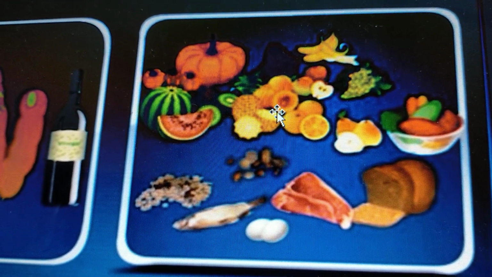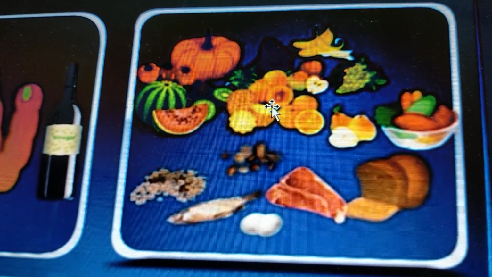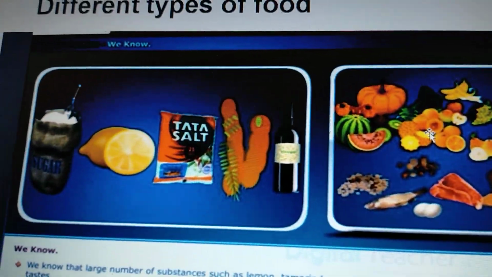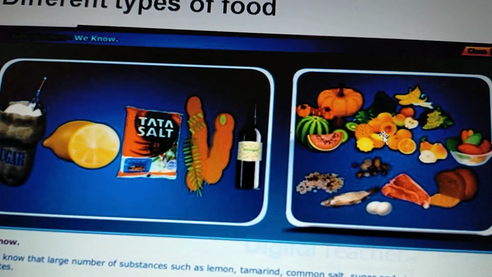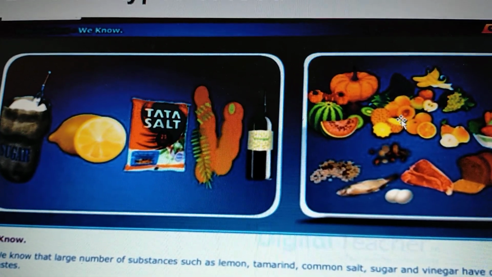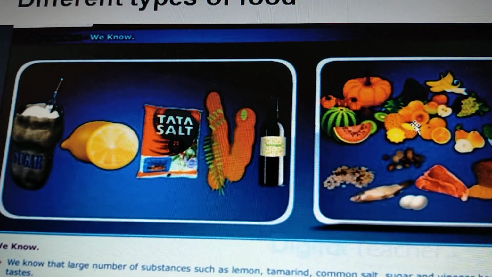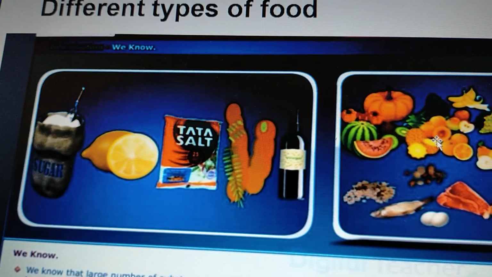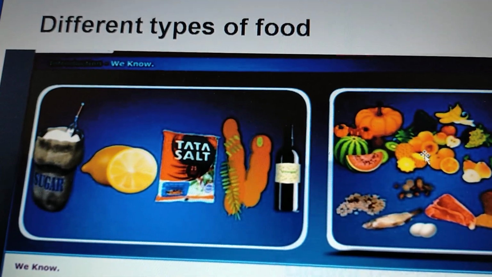It differs from substance to substance. Now, about the different types of food which you have taken, I am going to give you a table of various edible substances and you have to write down the taste.